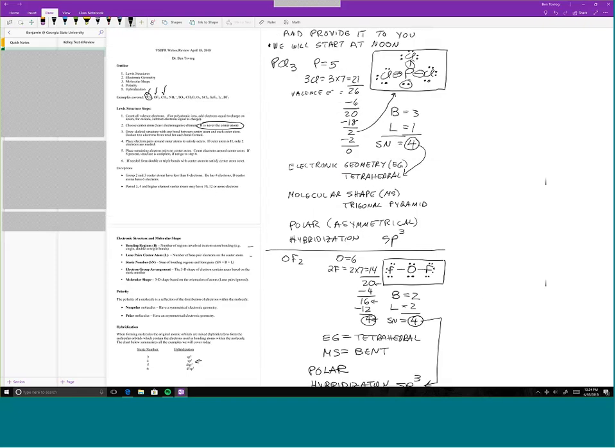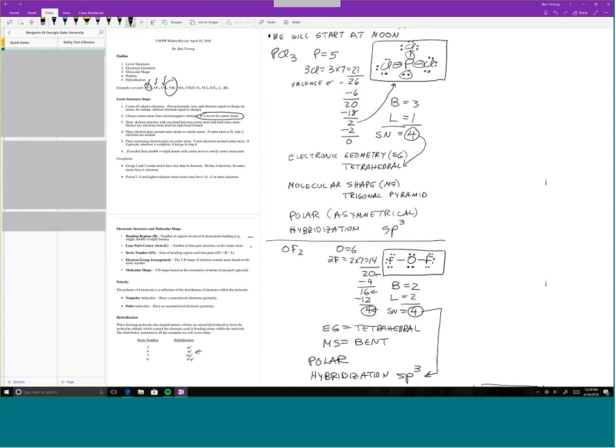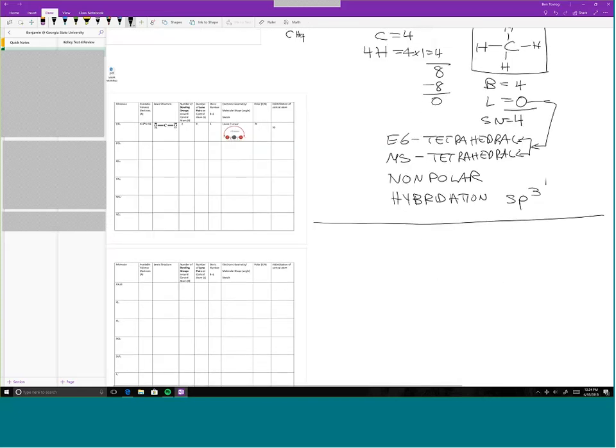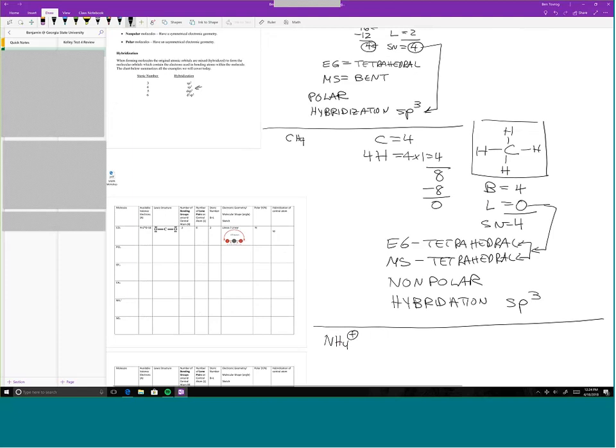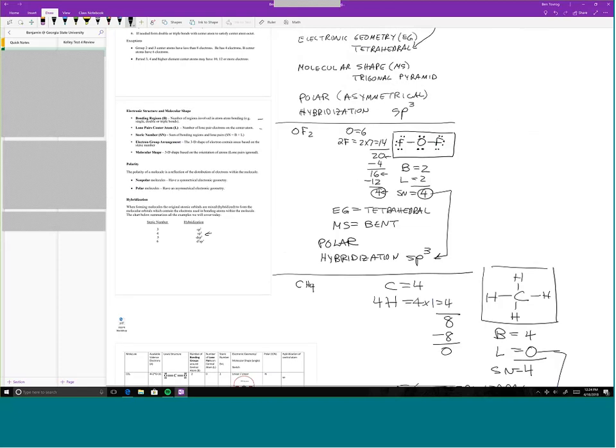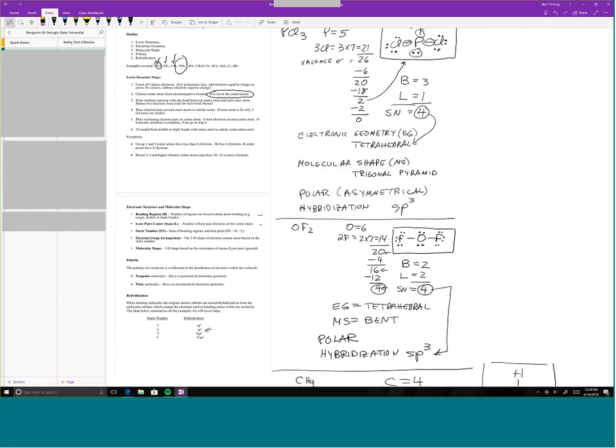NH4+. So polyatomic ion. How do we handle a polyatomic ion? NH4+. How do we deal with that plus? Well, let's look at our rules. Our rules, or our steps, are going to be exactly the same. But let's look at this section here.